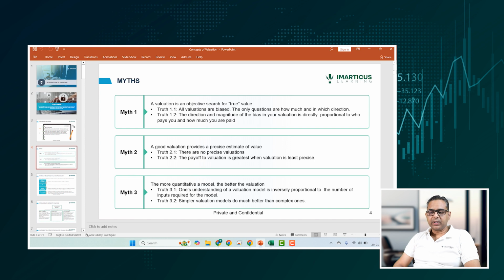Not possible, because there are always estimates involved, there are always assumptions involved, and with humans doing the valuation, there are chances of biases getting involved. So nobody can say this is the correct value. They can say that according to them, this should be the value.